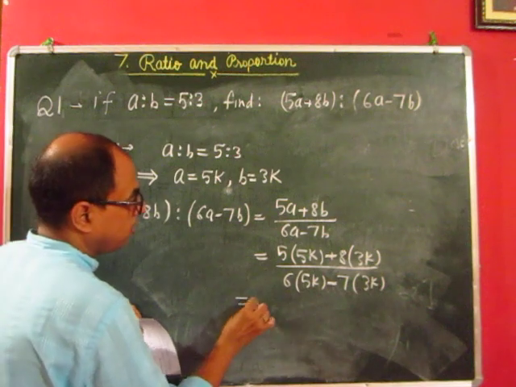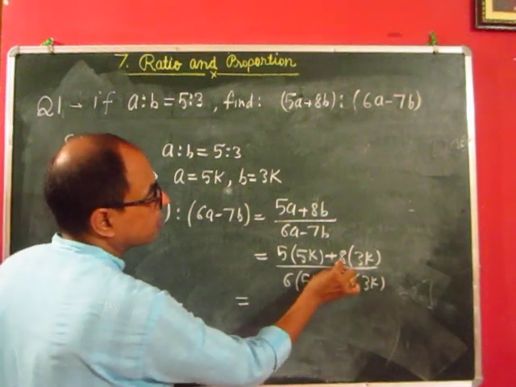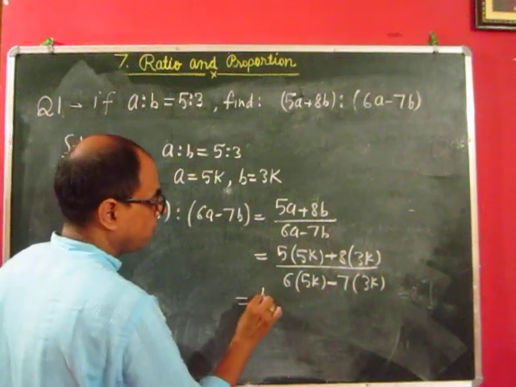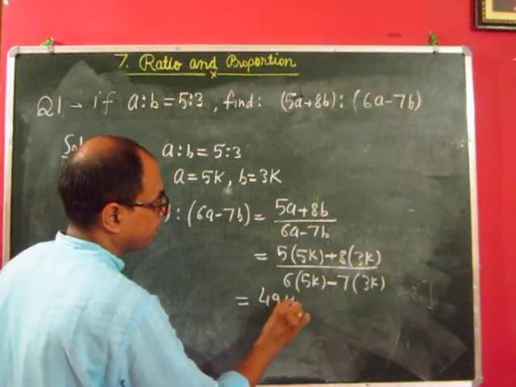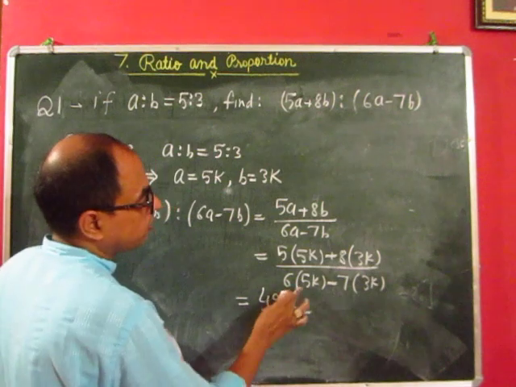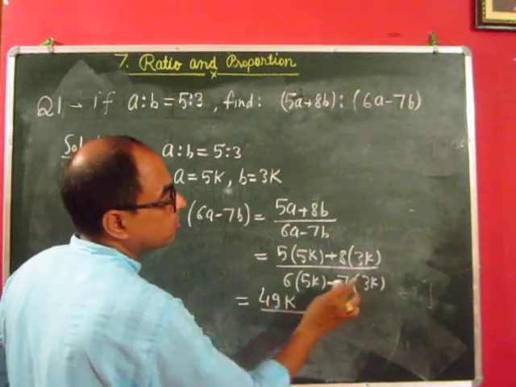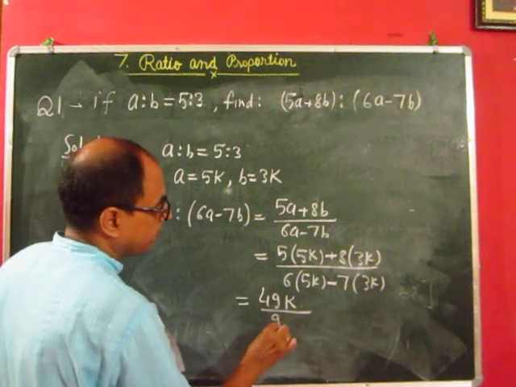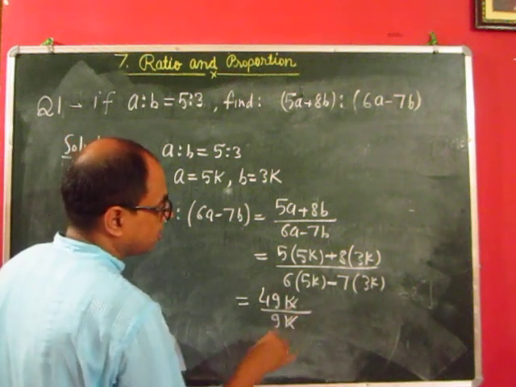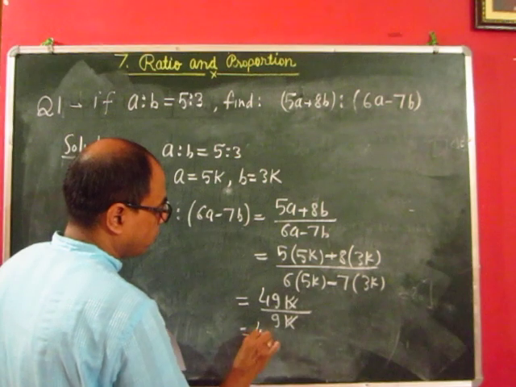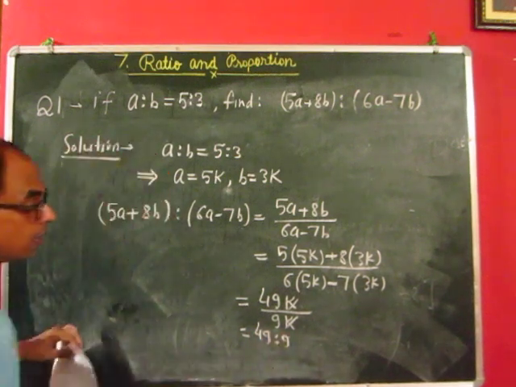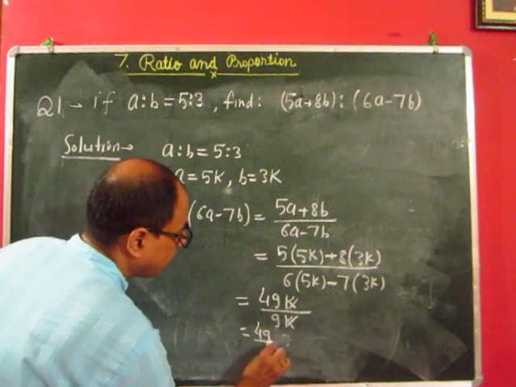So it will be 25K plus 24K, which is 49K, divided by 6 fives are 30K minus 7 threes are 21K. So 30K minus 21K will be 9K. Now K cancels, so it will be 49 is to 9. Clear? Now we are getting 49 by 9.